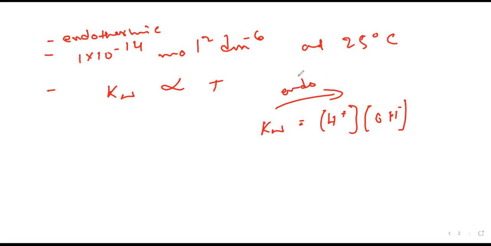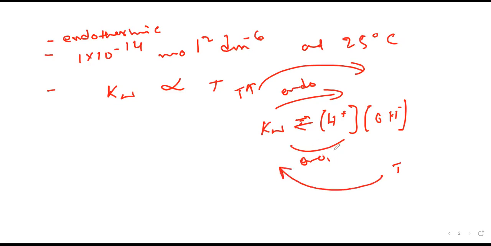That's how we name the reaction type, in terms of its forward direction. So the forward direction is endothermic and backward is exothermic. That means if temperature is increased, the equilibrium moves in the forward direction, and if temperature is decreased, the equilibrium moves in the backward direction.